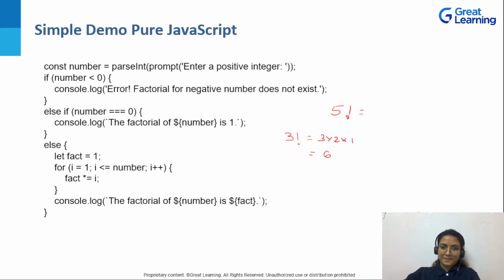Yeah, 120, right. Factorial is nothing but multiplying the number with all the numbers below it. People know what is factorial. So this is how pure JavaScript will look like.